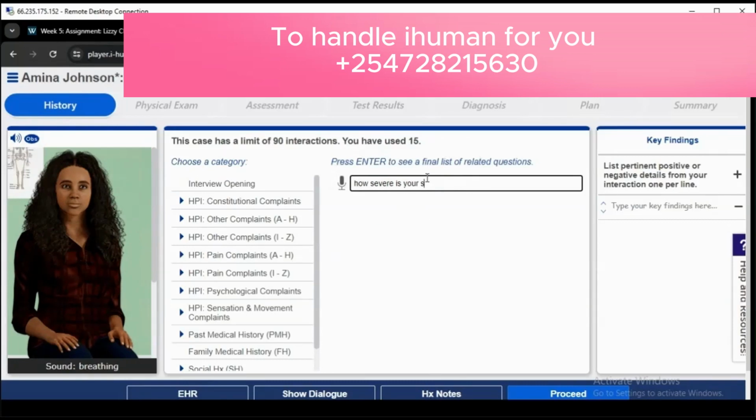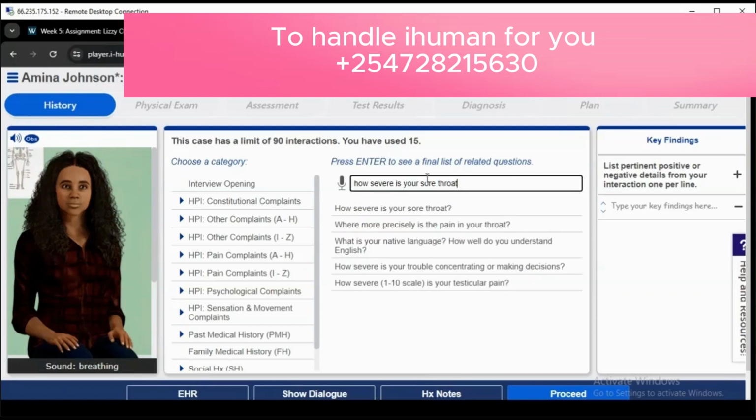Now remember, when you're dealing with any human case, there are formulas that you can use in asking questions or assessing a patient.